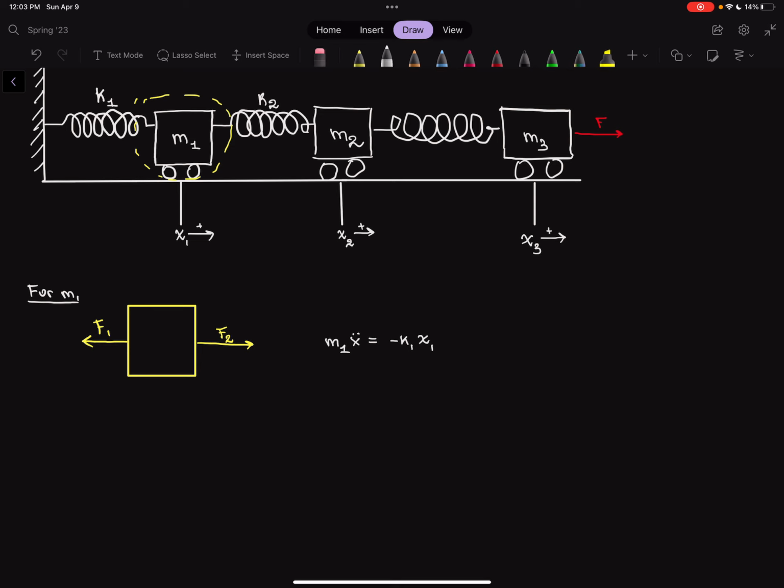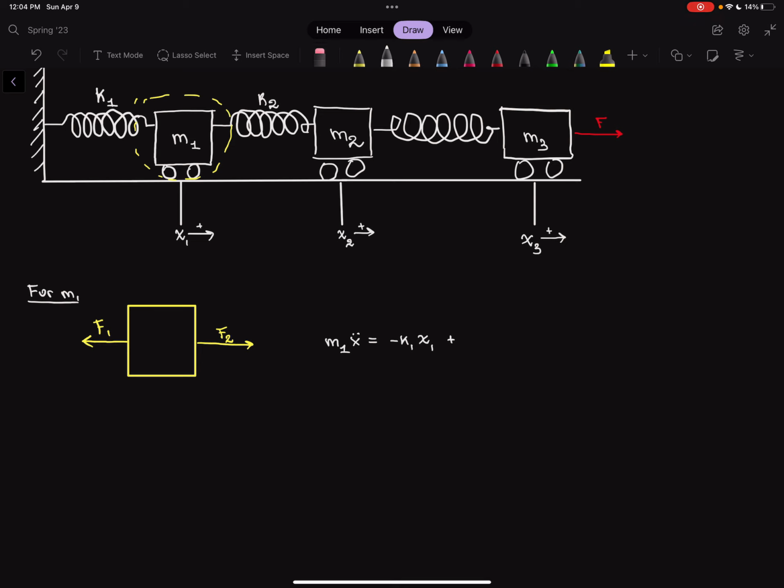And the other one is going to push it forward, in the positive x direction, by an amount equal to the difference of this, right? Assuming that this gets moved a little bit, the difference is how much it is pulled by K2.